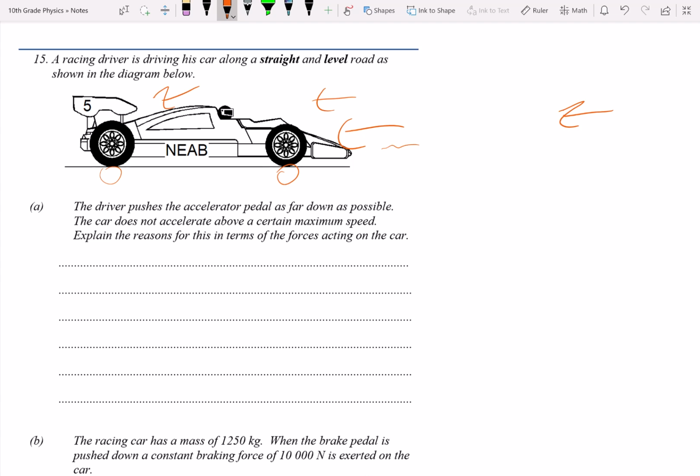So there's a point where it can't accelerate anymore because the force the engine exerts is equal to the force the wind and the friction from the tires are exerting. And so it becomes an equilibrium, traveling at a constant speed once it reaches that.